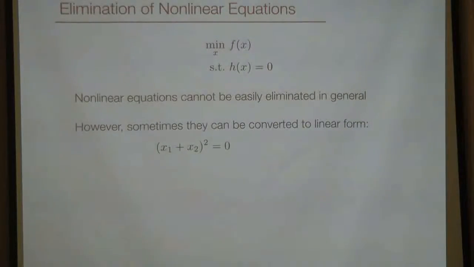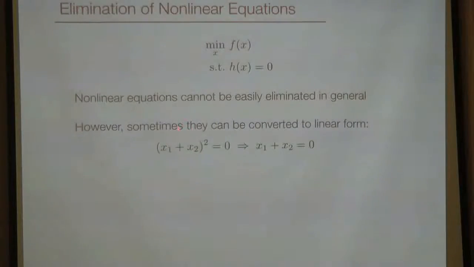Of course, here we are only in real numbers, so no imaginary business. The term in the bracket has to be equal to 0, so x1 is equal to minus x2. Yeah, exactly, precisely that.